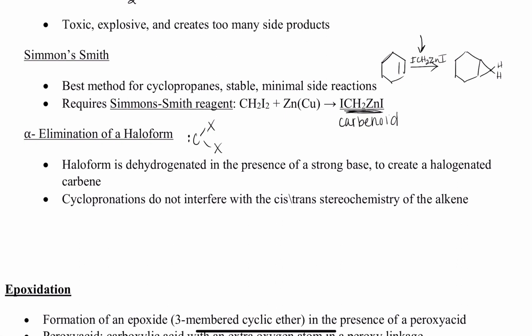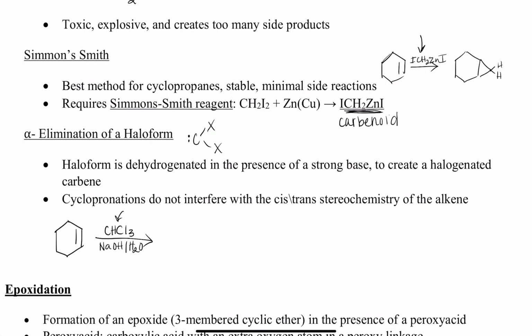So if we had a reaction and our conditions on our arrow was CHCl3, NaOH, and water. This is chloroform right here.